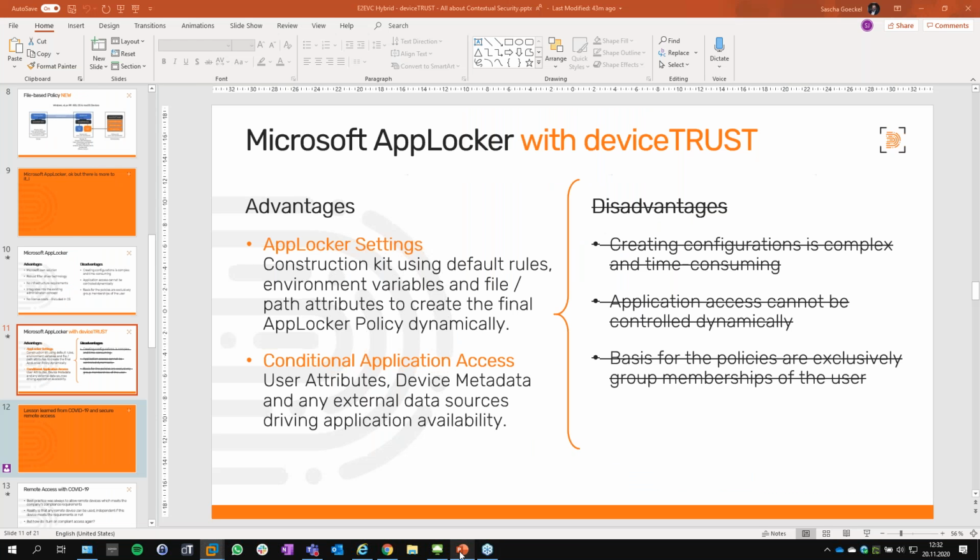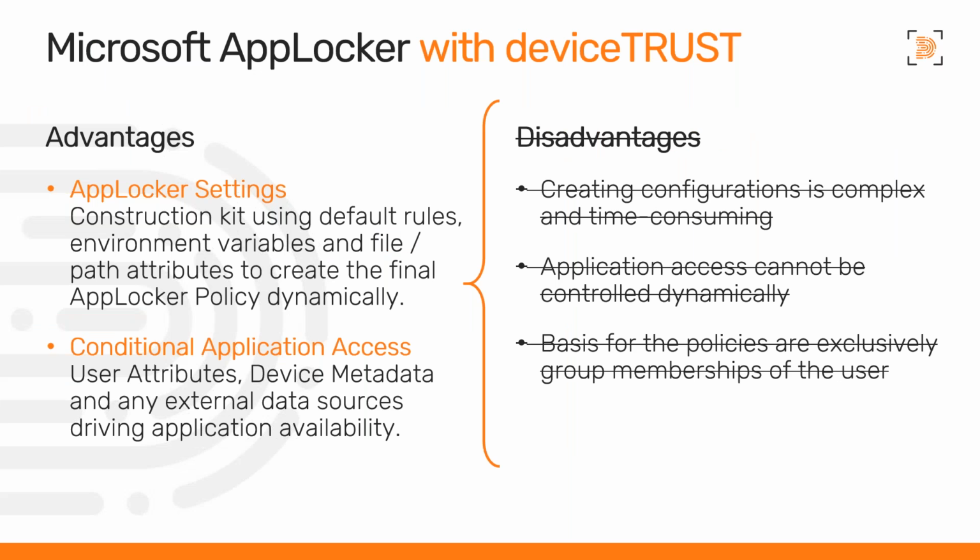And that allows us, back to the slide, not only to define the construction kit to build up this policy on different information, as I said, environment variables and file path attributes, we also have conditional application access. So we can really make clear when what application can be accessed based on the context.